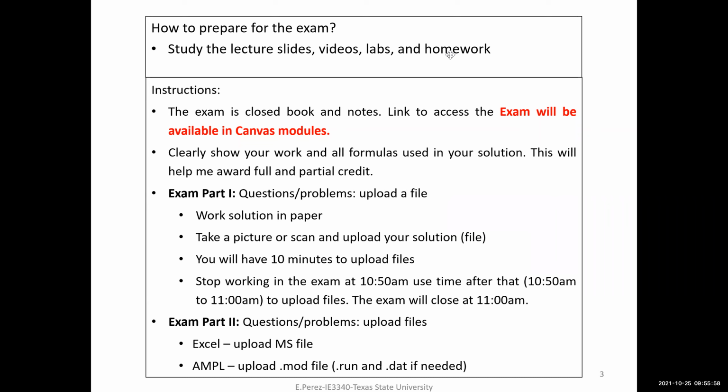Again, if you don't have a computer or access to the software, AMPL, or the solver in Excel, I'll be here on Wednesday at 9:30 and I will provide you with a computer. If you have access to a computer with internet and the software that you need, you don't have to come to the classroom.